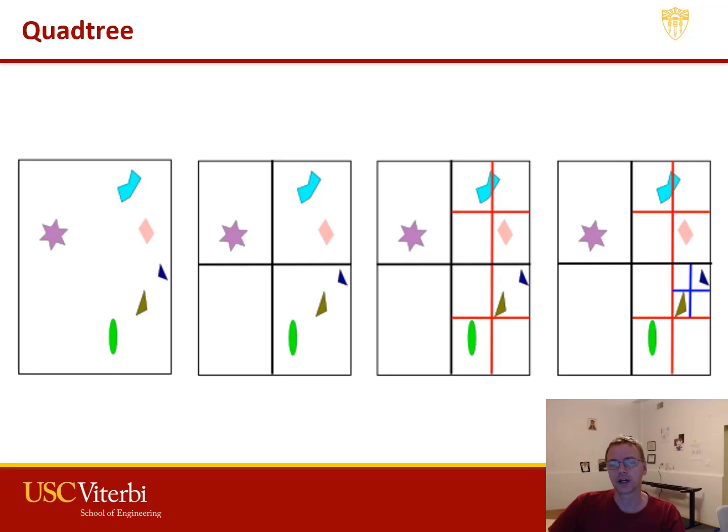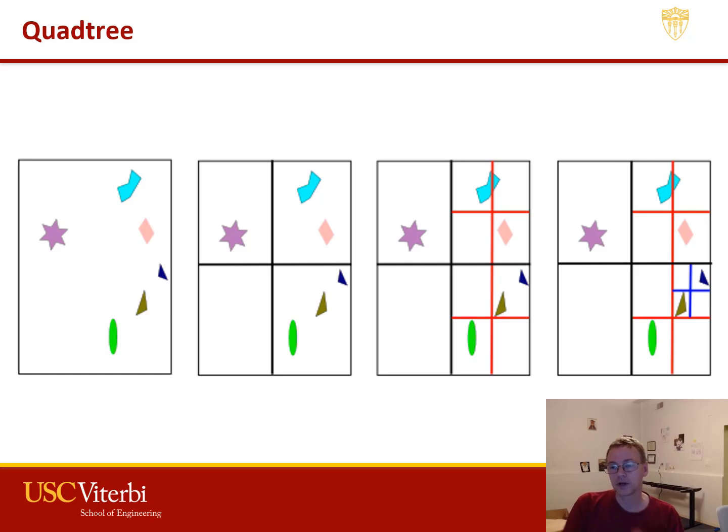One example is something called a quad tree, where we take the whole game world and split it right down the middle into 4 quadrants, thus quad. Then we subdivide again. Each quadrant gets 4 quadrants, and each of those gets 4 quadrants, and we make a tree.